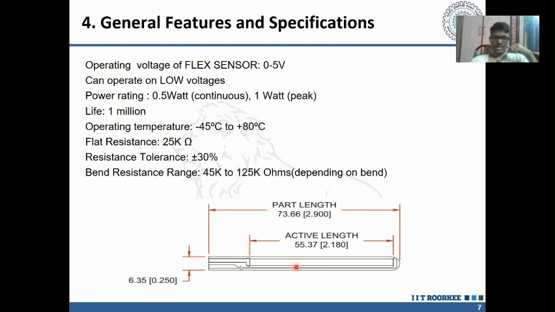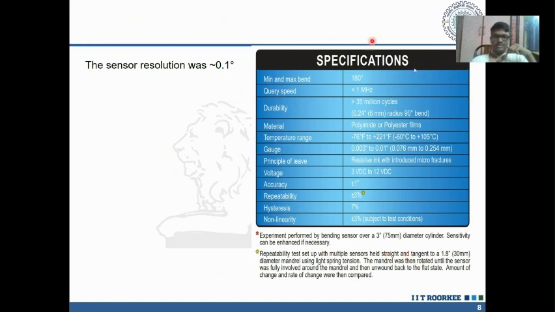These are the dimensions of the flex sensor that is available in the market. These are the specifications: it has a resolution of 0.1 degree, meaning it can differentiate only when there is a difference of 0.1 degree. Repeatability is plus or minus 3%.